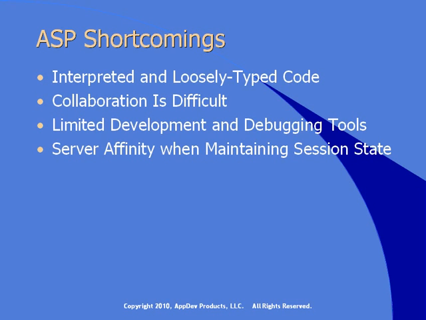The problem is that when a user makes his or her initial request to the server, the session state is created on the server that the request is first handled by. If you have a web farm, the second request from the user when they post back to the page may be handled by another server. But the problem is that that user's session state is on the first server, and there wasn't an easy way to share the session state between those machines.